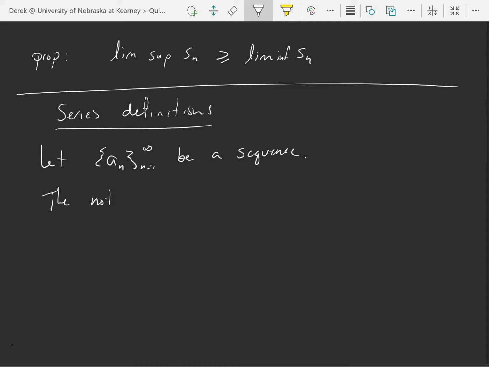The notation sigma k equals n to m of a sub k just says add up a sub n plus a sub n plus 1 plus dot dot dot plus a sub m. M has to be bigger than n. If not, then this is an empty sum. But conventionally, we never usually have m being less than n. If they're equal, then the sum is just the single term.